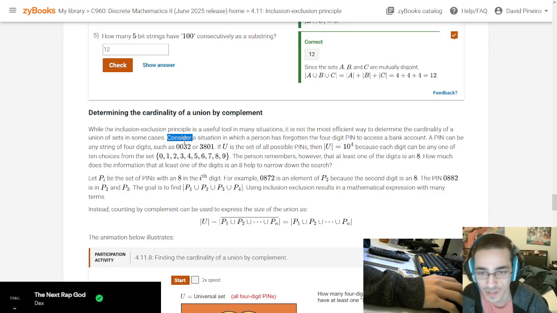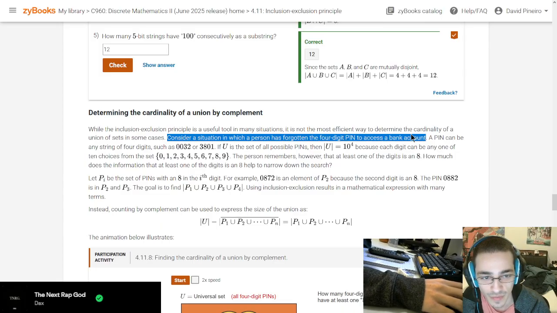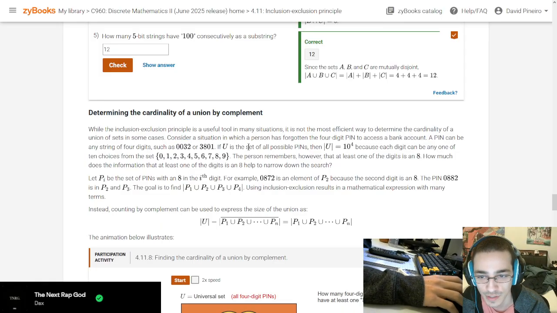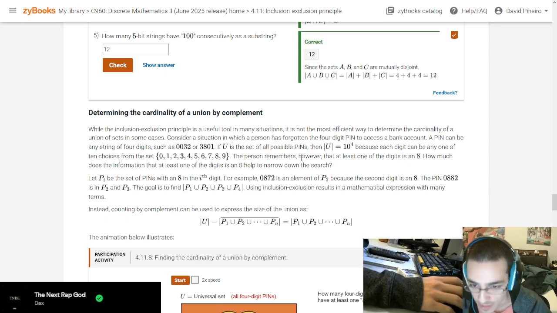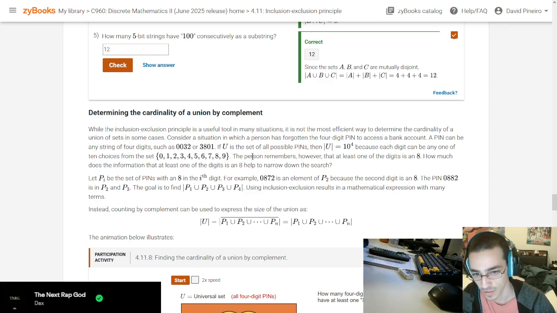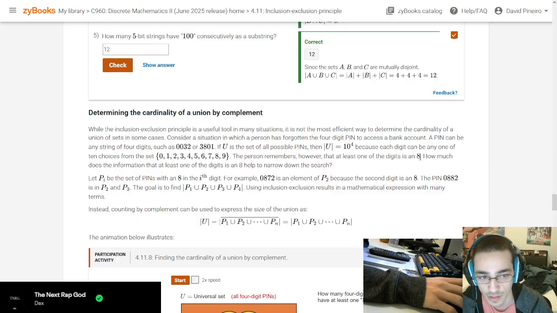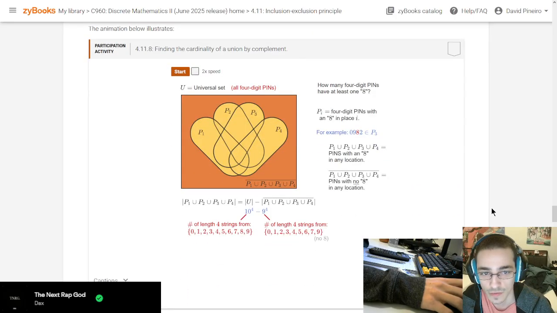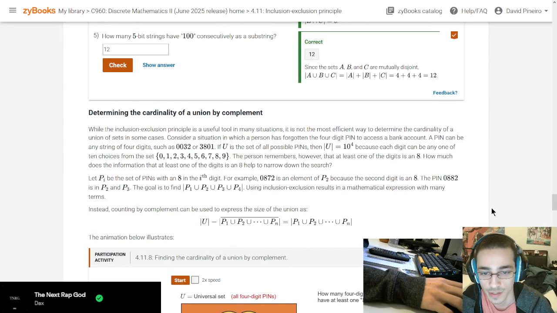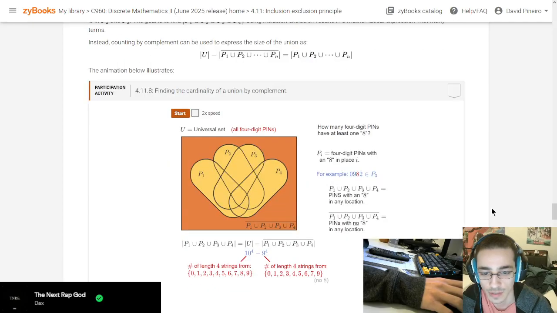Consider a situation in which a person has forgotten their PIN, and the PIN can be any string of 4 digits, and U is all the PIN numbers. So if the person remembers that at least one of the digits is 8, we would remove all the digits that don't have an 8.